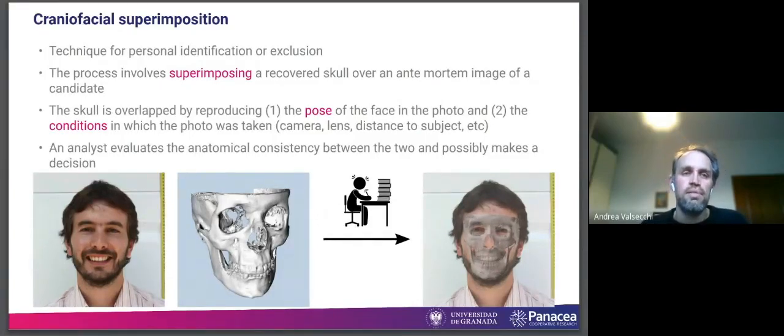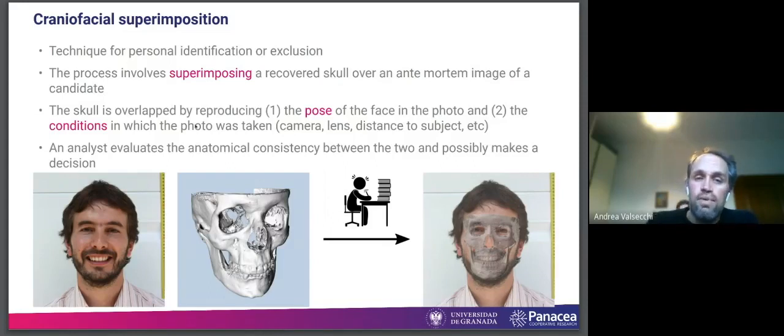In this process, the skull is overlapped on top of the ante-mortem picture in a way that the skull has the same pose as the face, and also the conditions in which the photo has been taken, such as the kind of camera, the kind of lens, the distance to the subject, etc., are taken into account.